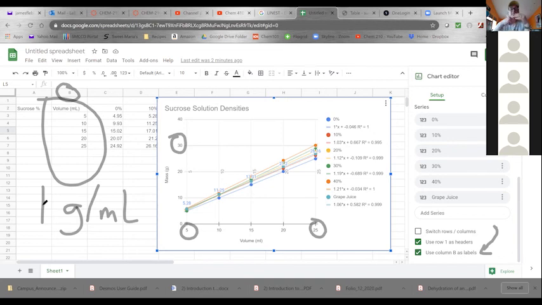And then you can see as we add more sucrose, our density changes.